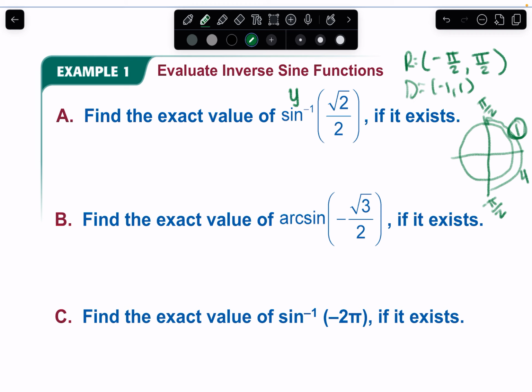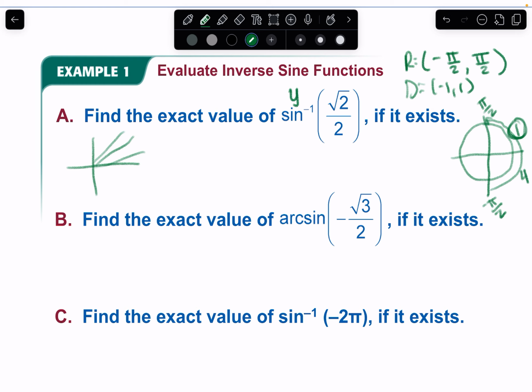So for example 1, looking at your unit circle, I would start with quadrant 1. You're scanning quadrant 1 and looking at your y values to see which y value has a square root of 2 over 2.